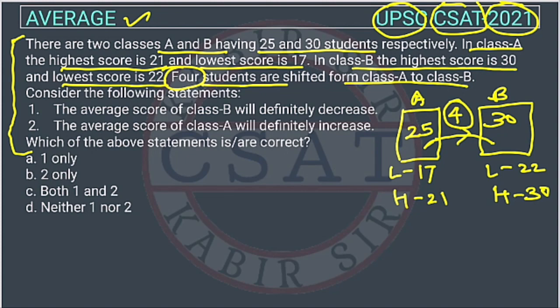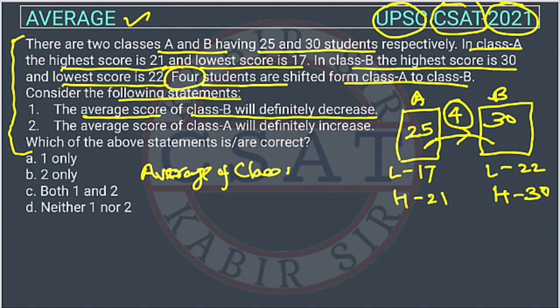So consider the following statement. The average score of class B will definitely decrease. So we know from the formula of average, this is the average of class A. The average of class A will be the marks of all students, right?